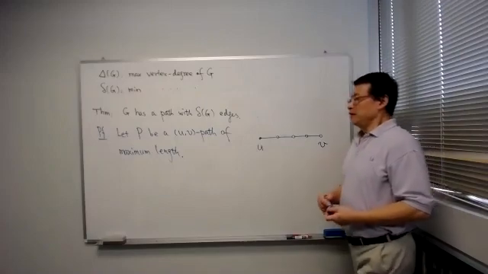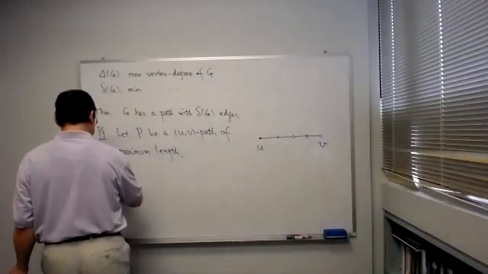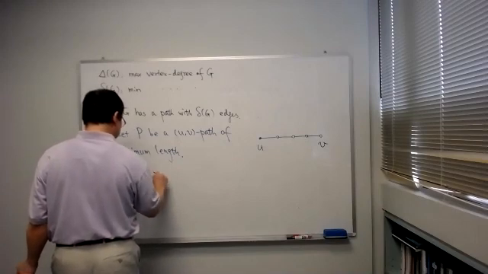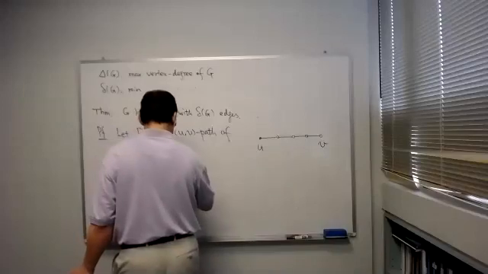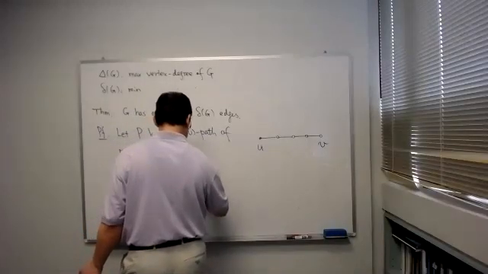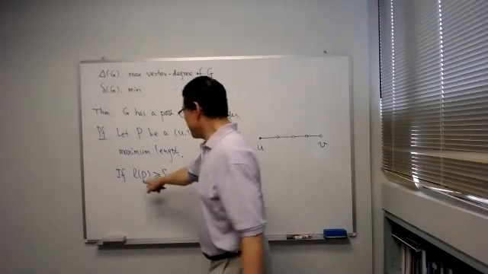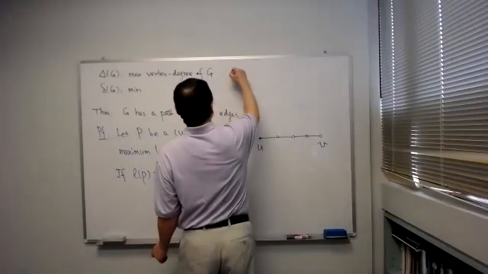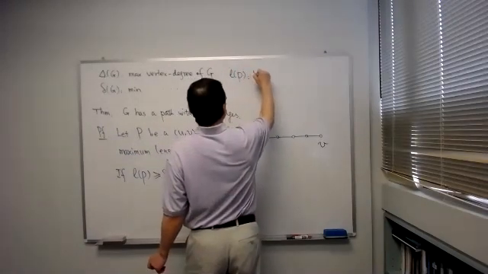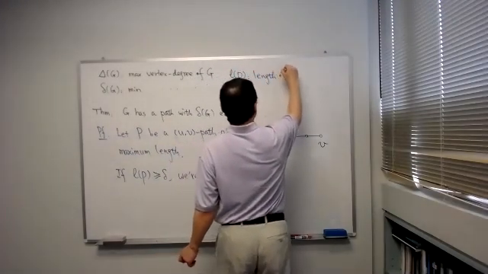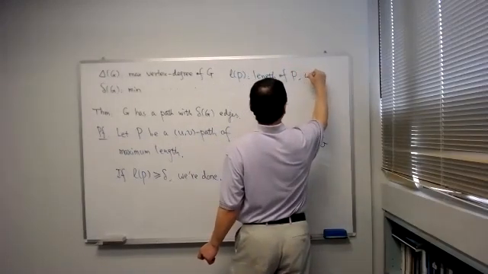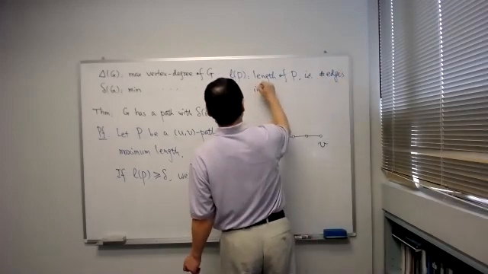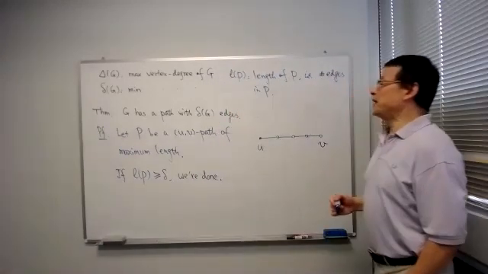Now, the length of P, typically we use L of P instead of W of P. So L of P is the number of edges in P. Okay.